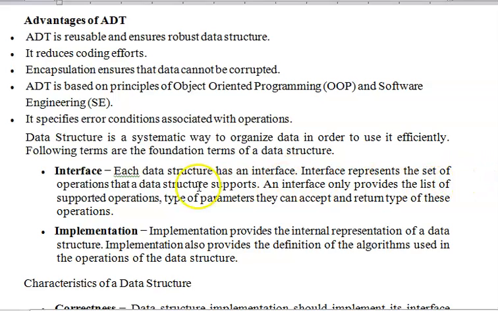It represents a set of operations that a data structure supports. An interface only provides the list of supported operations, the type of parameters they can accept, and the return type of these operations. Then implementation provides the internal representation of the data structure. Implementation also provides the definition of algorithms used in the operations of the data structure.